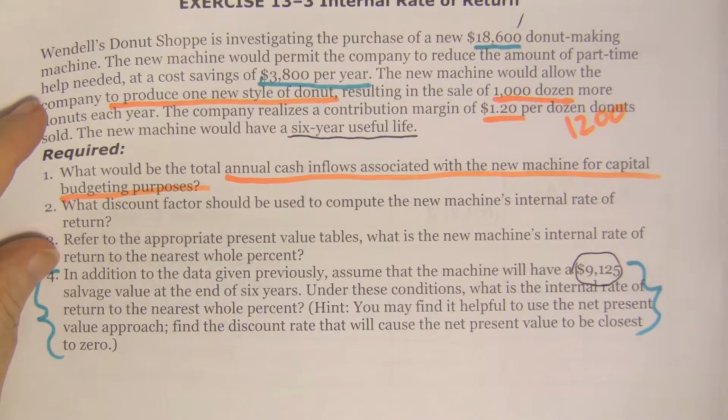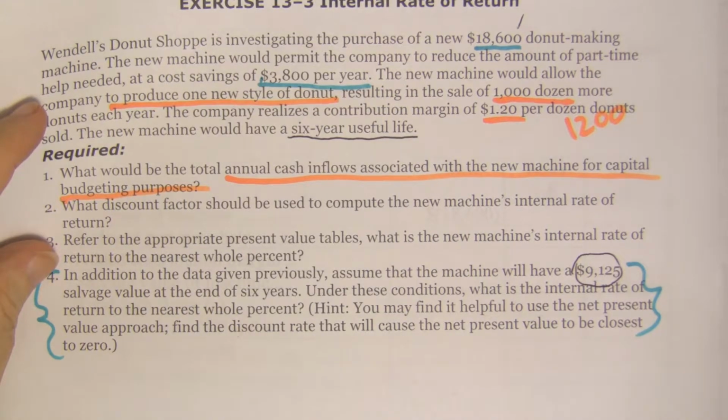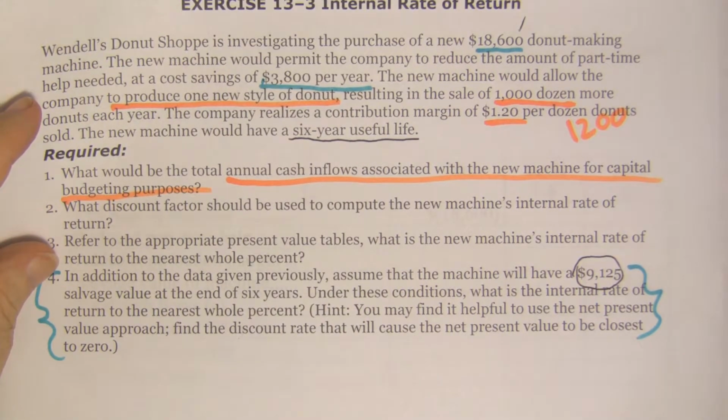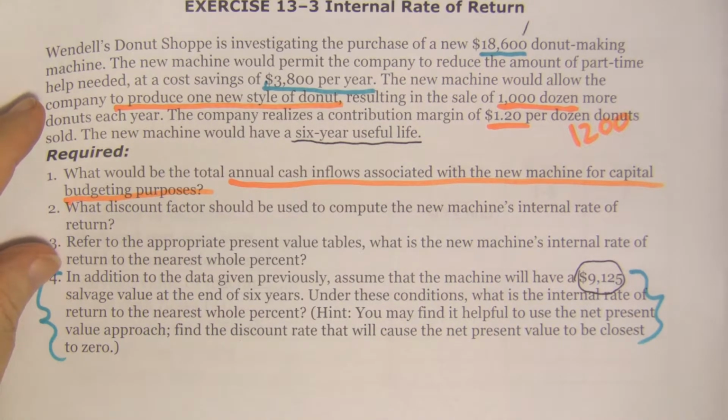What I want you to know is that's simply going to raise the internal rate of return. It's going to be greater than 16%. If you have Excel and you put in these cash flows, you'll find out that it comes out to be about 22%. I don't care about that.